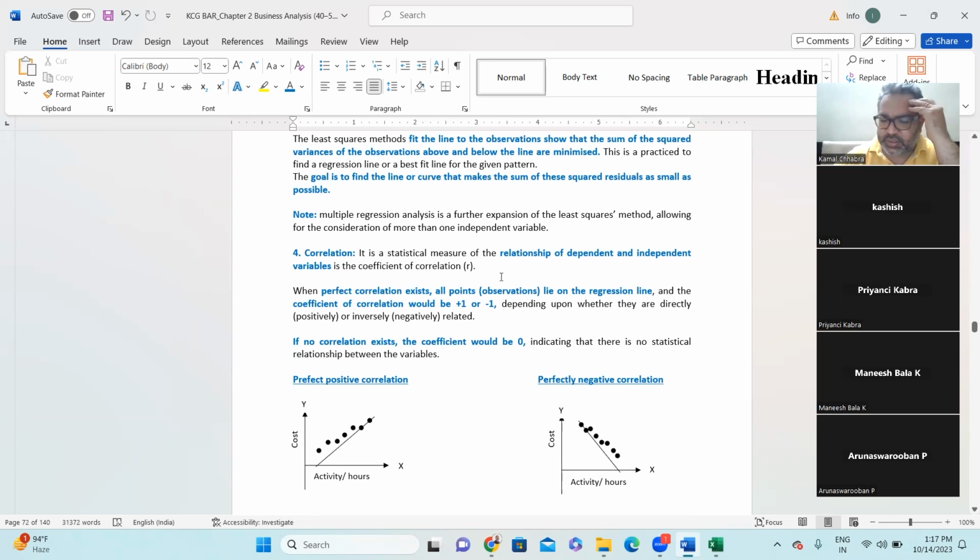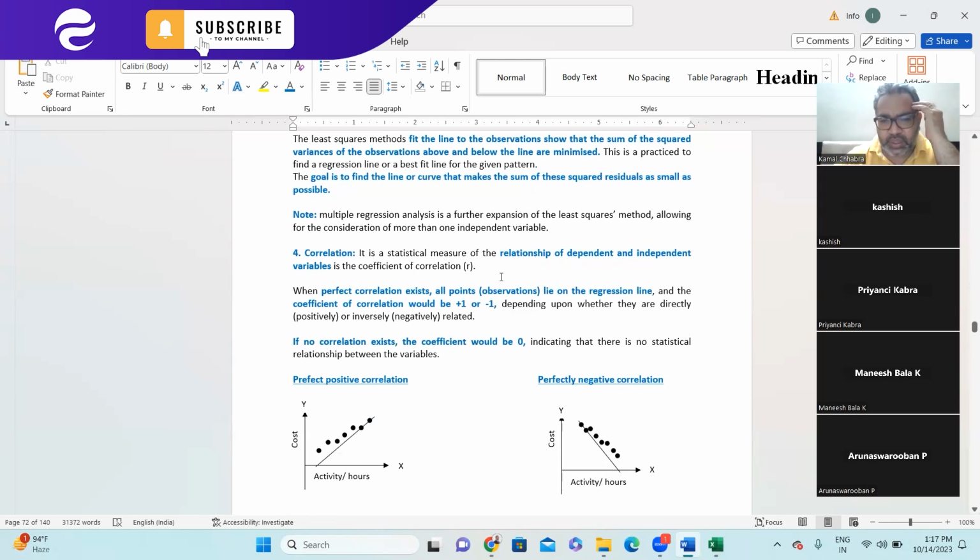Fourth is correlation analysis. It is again a statistical measure of the relationship of dependent and independent variables, given by the coefficient of correlation. We do correlation analysis based on the coefficient of correlation. We'll be discussing that in detail. When perfect correlation exists, all the points lie on the regression line. So when there is a perfect correlation, it's always a straight line, right?